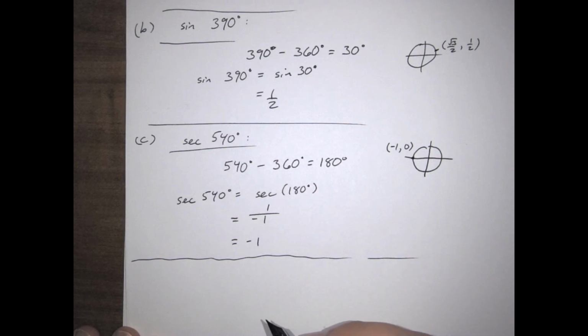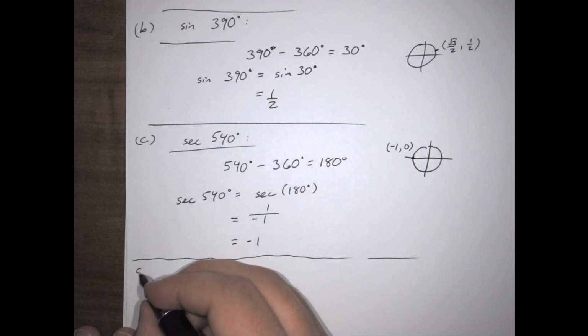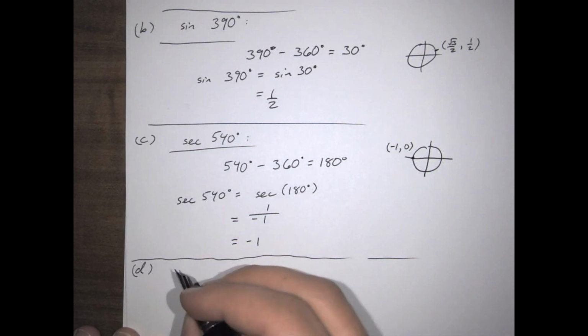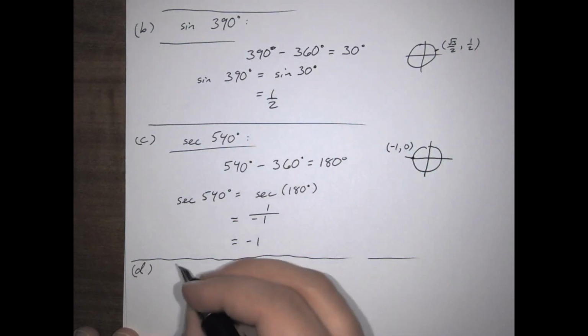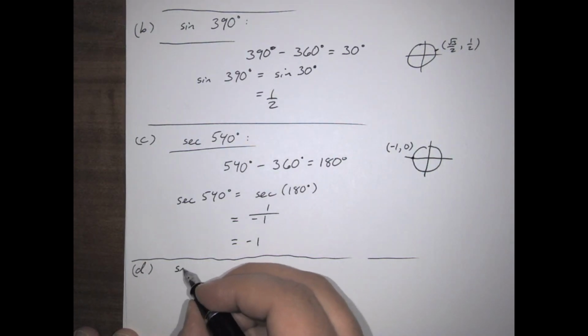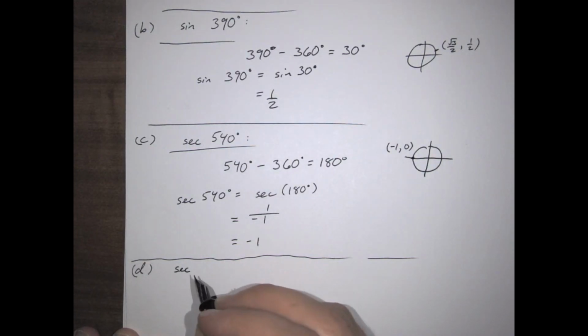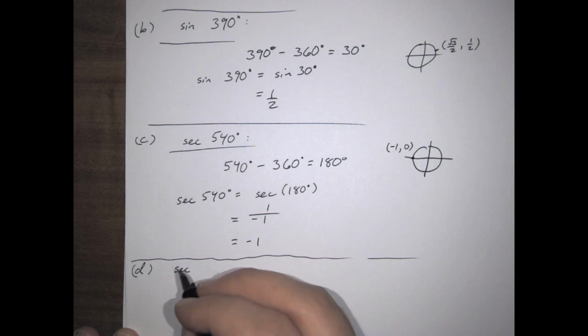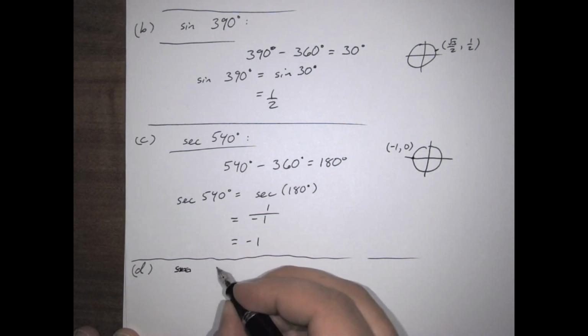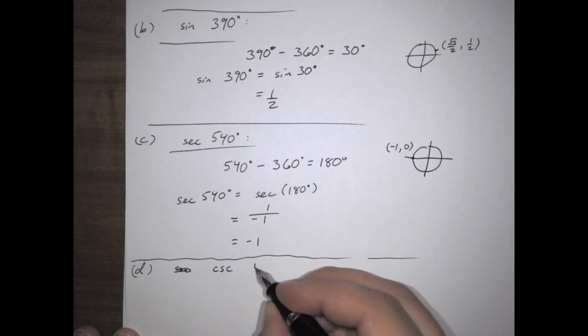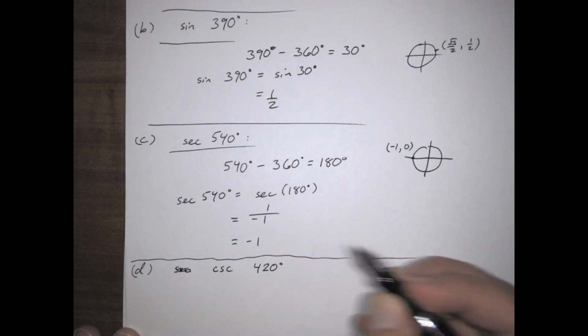All right. Now, we already calculated the cosine of 420. Let's now think about, let's say, the cosecant of 420.